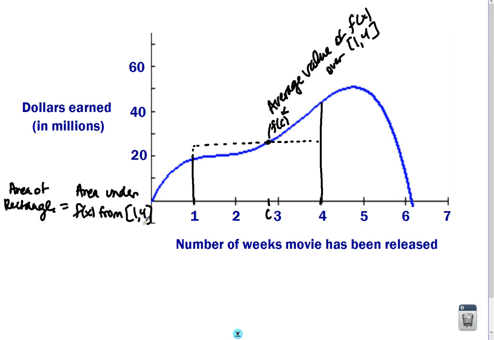The base is the distance between 1 and 4, so length times width, and that's going to be equal to the integral from a to b of f of x dx. We've done this now several times. The length was 4 minus 1. I know that it's 3 in my head.